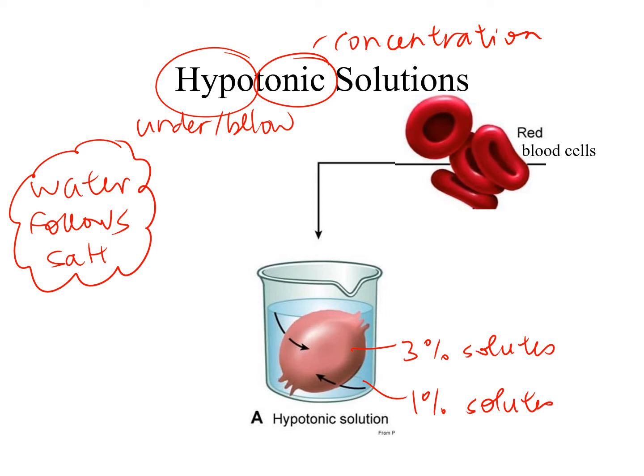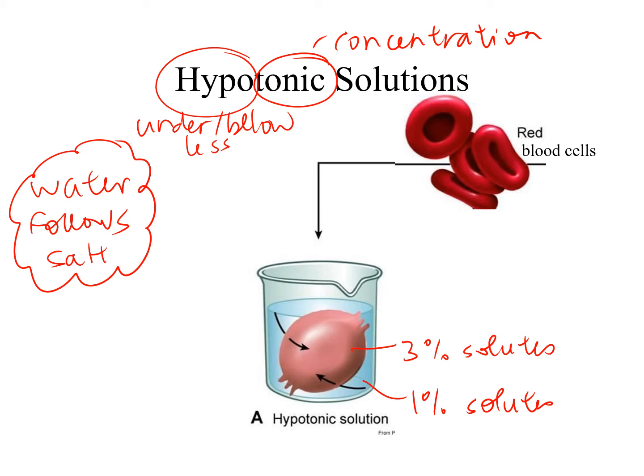You'll notice my language there. I said that solution is less concentrated. Less sounds like under or below. So this particular solution is less concentrated. It's not at equilibrium with your cell. We know that water always follows salts, and the higher concentration of salt is found inside your cell. So we know that water travels toward the higher salt concentration.